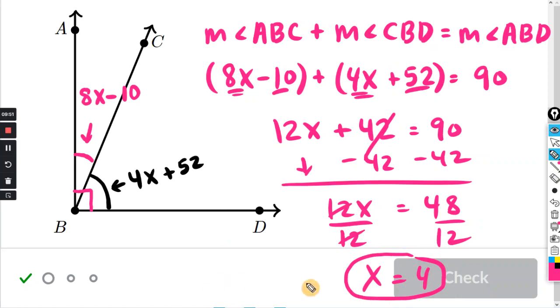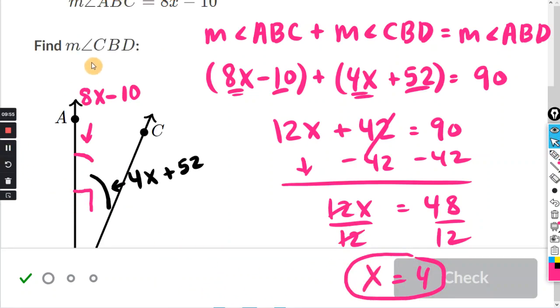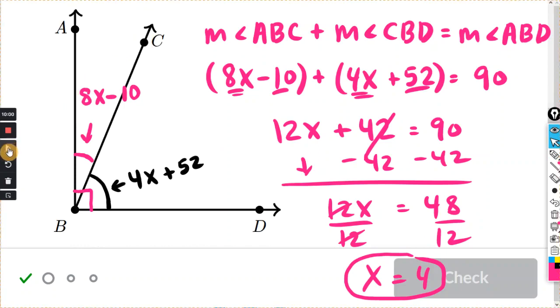Now, that's not what they asked us. They asked us to find the measure of angle CBD. So in the last problem, I plugged in x in the diagram. In this case, I'm going to plug it into the write-up. Okay, so x equals 4. Let's look at their write-up real quick.